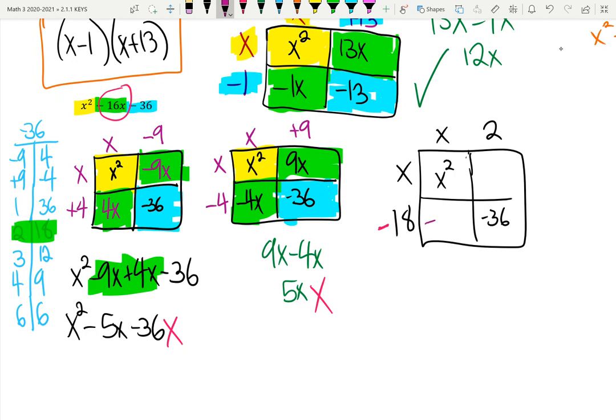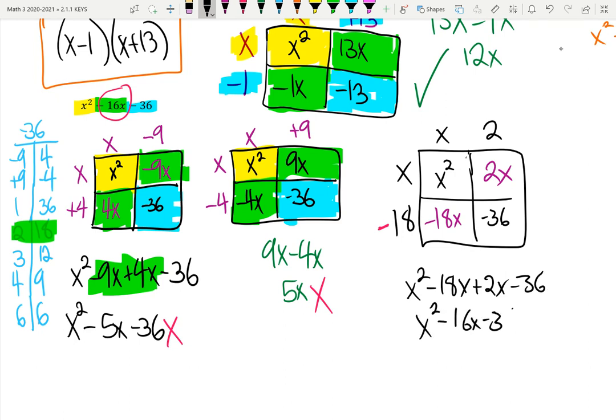When I multiply it out, it's going to be negative 18x. It's going to be 2x. And voila, I can look at the inside and see that x squared minus 18x plus 2x minus 36. And after I combine like terms, I get the exact copy that I want. This is what I'm looking for.